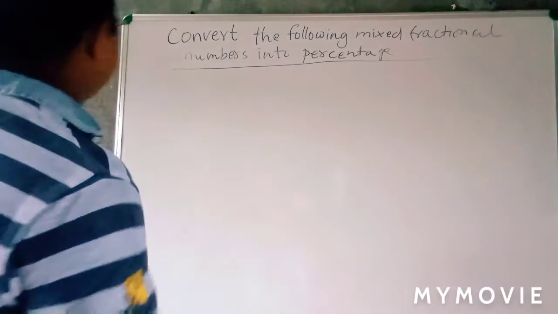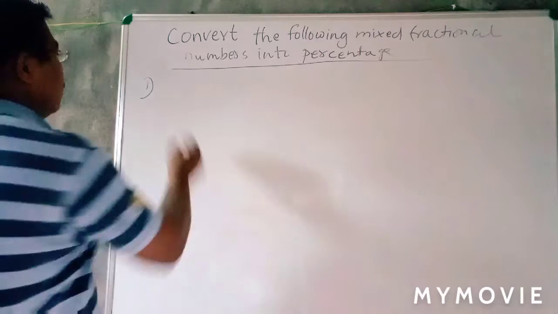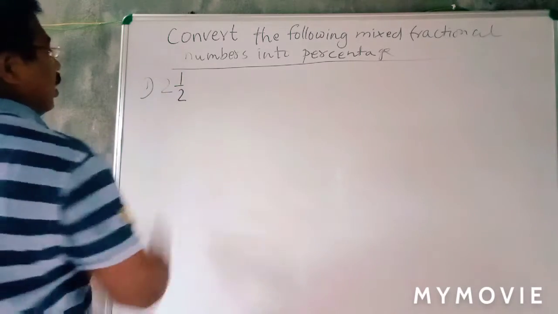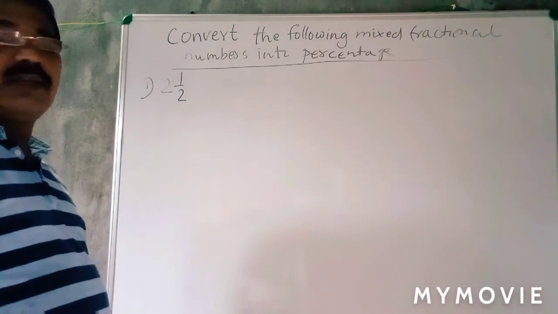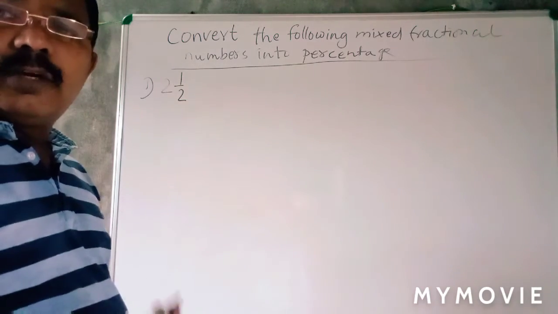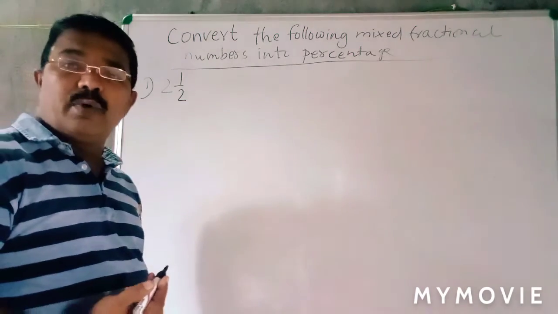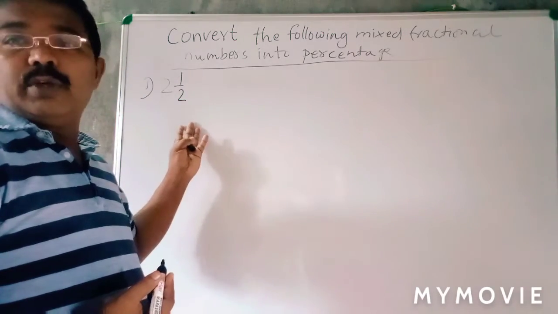You see here, I am going to give you some examples. 2 1 by 2 is a mixed fraction. In order to change or convert this number into a fraction number, first we have to convert it into improper fraction.